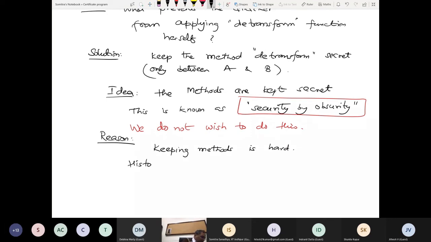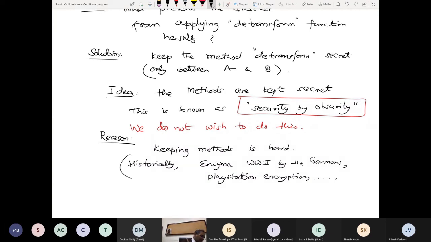Historically, you can find Enigma in World War II by the Germans, and PlayStation encryption very recently, only about 10-15 years ago, and so on. There are so many examples where people tried to keep secrets and they never succeeded. So this is known to be a bad idea.